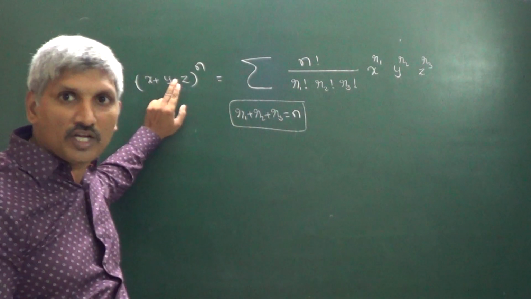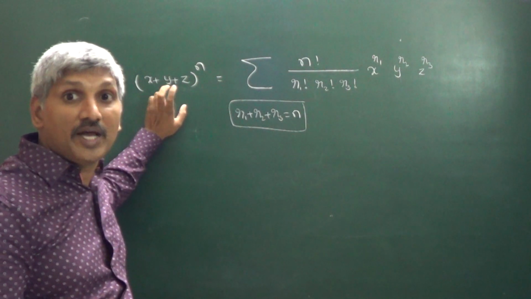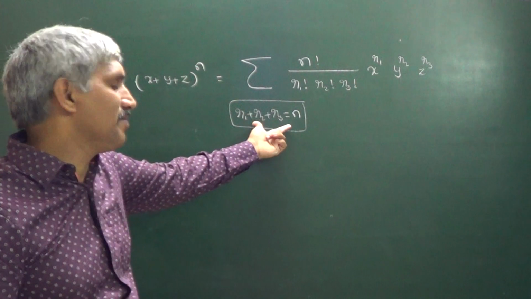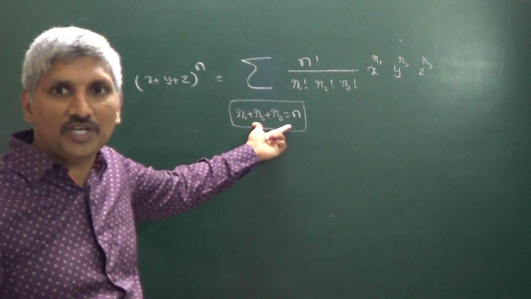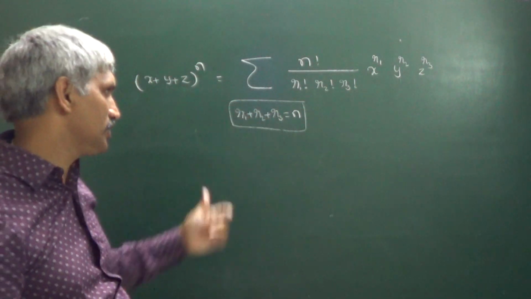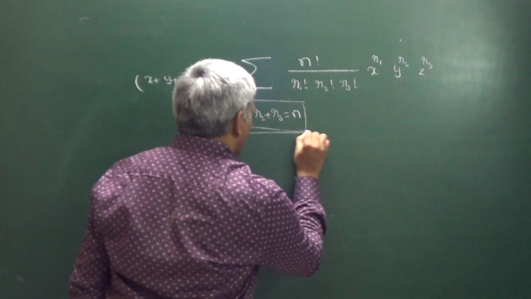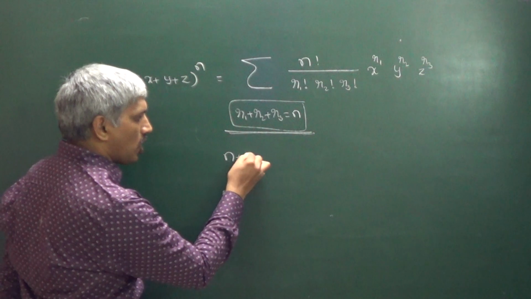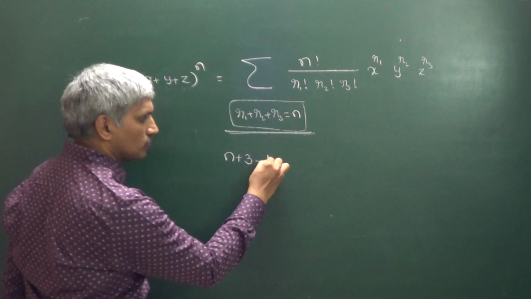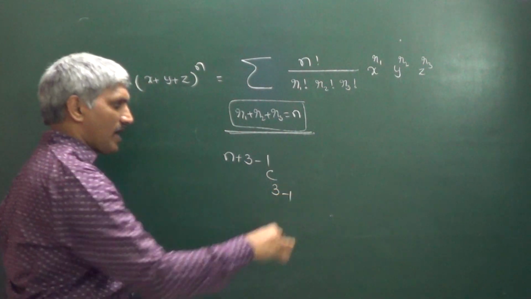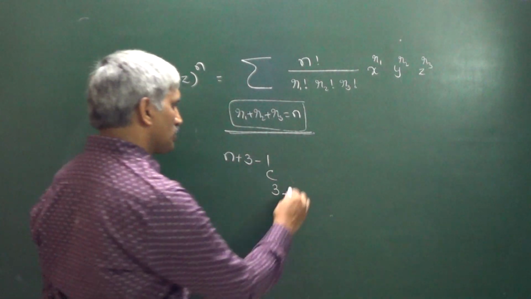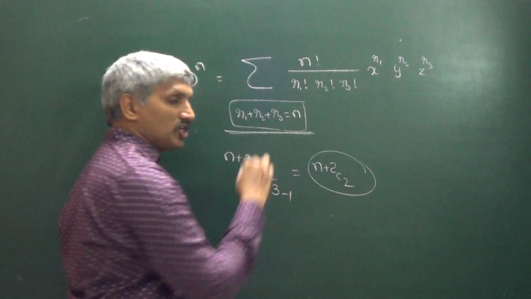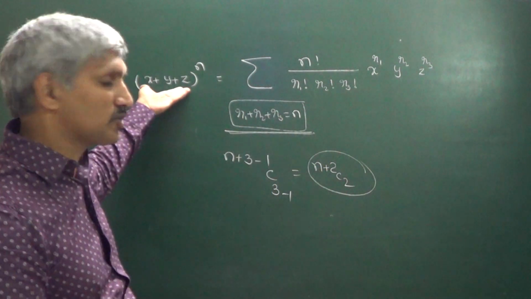The number of terms in this expansion is nothing but the number of non-negative integral solutions for this equation. That is nothing but (n + r − 1)C(r − 1), right? So that is nothing but (n + 2)C2. These many terms are there in this expansion.